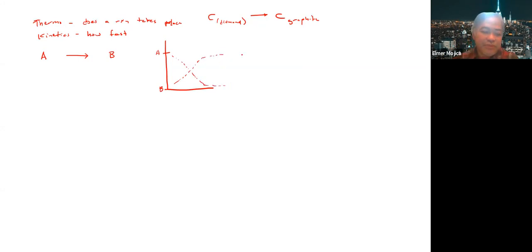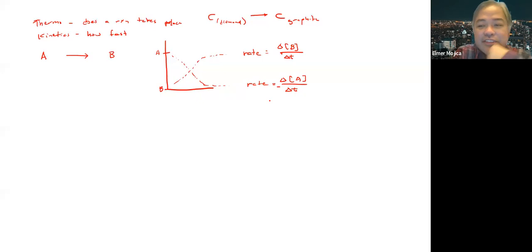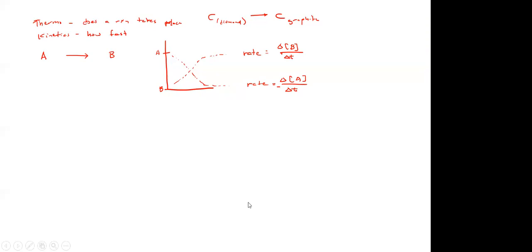You can monitor it from the perspective of the change in the concentration of B over the change in time, or you can look at it from the perspective of the change in concentration of A over the change in time, but you have a negative sign. Why do we need to put a negative sign when we're dealing with reactants? Kasi po nababawasan.